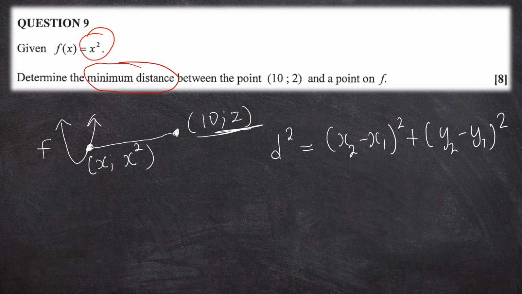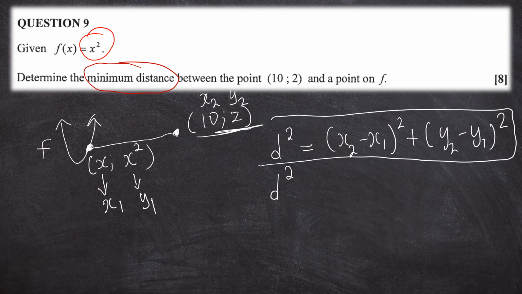Okay, so we can just name our 2 points because we already have them. I'm just going to name this as x1, and this will be y1. Then this will be x2, and this will be y2. So to say d squared equals (x2 minus x1) squared plus (y2 minus y1) squared.